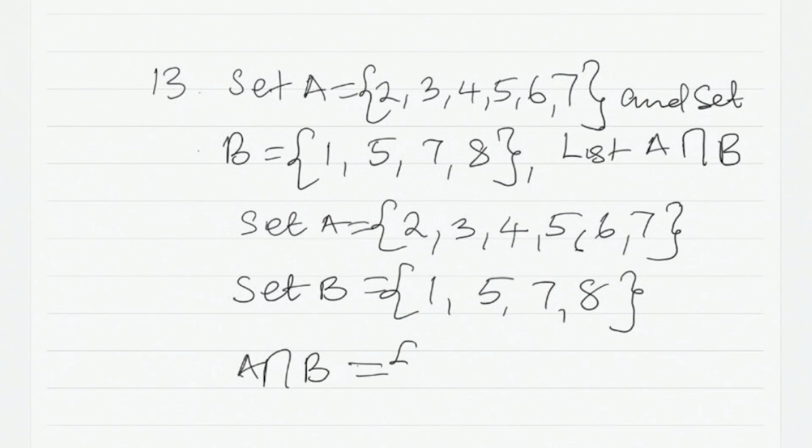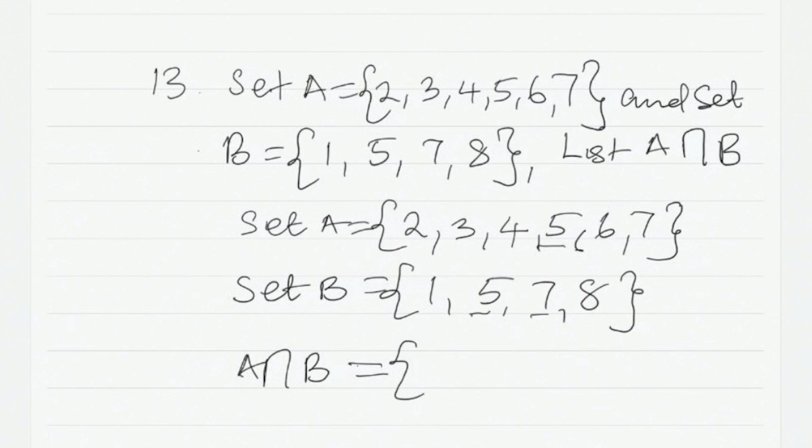So, A intersection B will be, what we are trying to look at here are the elements that are found in A and B. So if we check, 2 is not found in set B, so it cannot be part of the intersection set. 3 is not found in B, it cannot be part of the intersection set. 4 is not found in B, it cannot be part of the intersection set. And 5 is also found in set B.